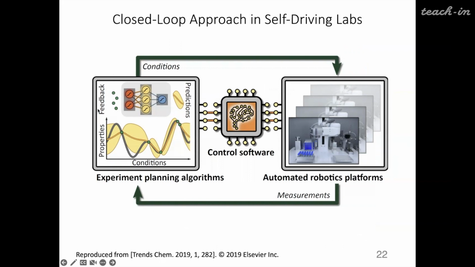We can use some machine learning models and some software to predict experimental conditions that should work best. Then we use some automated robotics platforms to perform an experiment, to make some measurements.